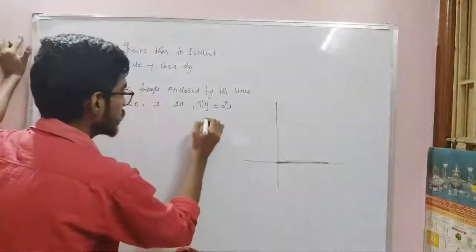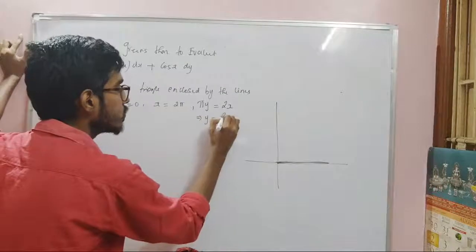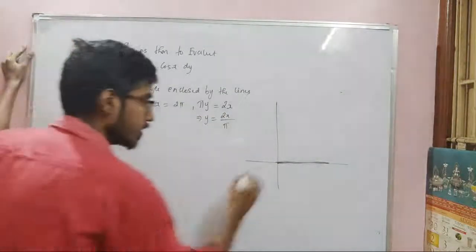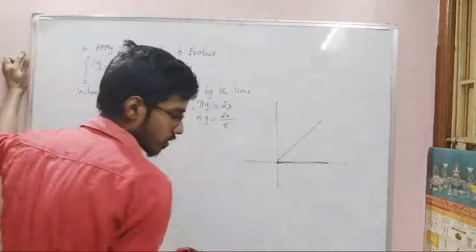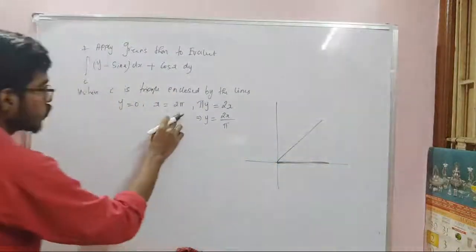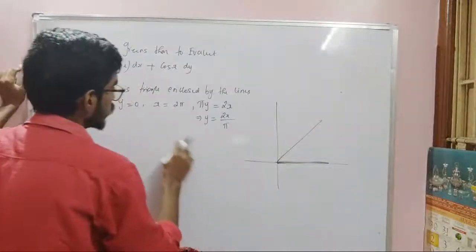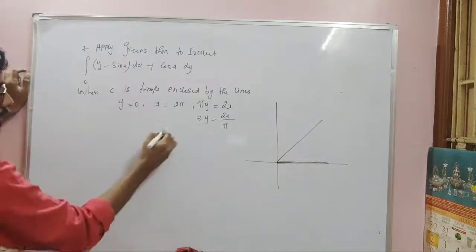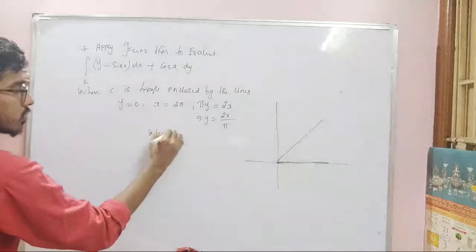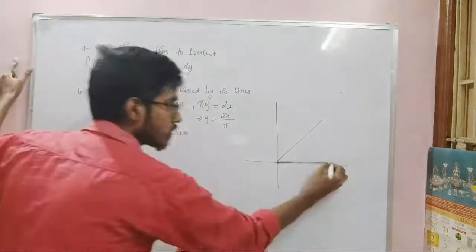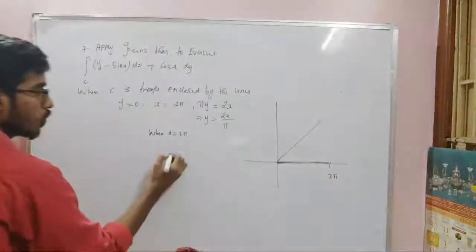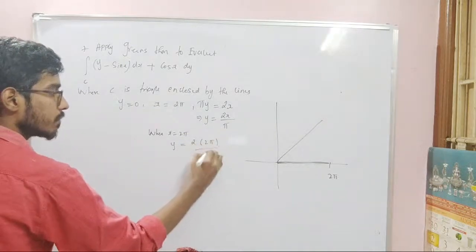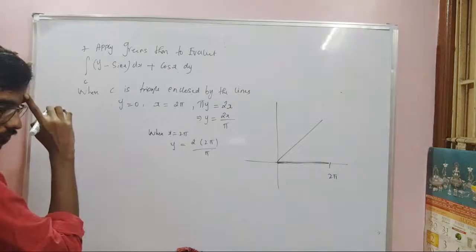So from this we can conclude that y is equal to 2x by pi, right? So our function is a line, y is equal to 2x by pi, and x is 2 pi. So when x is 2 pi, y will be 2 into 2 pi by pi, y will be 4.